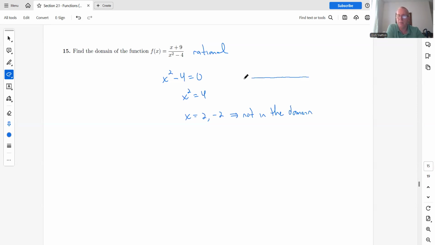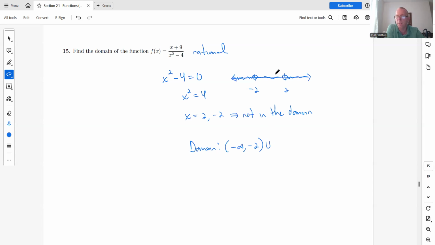If we look at a number line, we have -2 and we have 2. We are going to include everything except those two numbers. So the domain would be -infinity to -2, with parentheses because we're not including that.